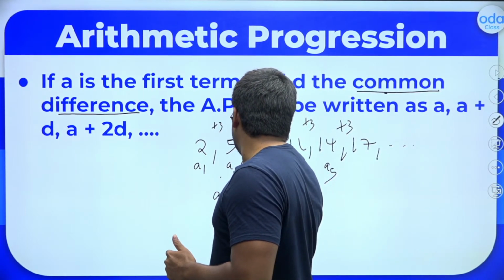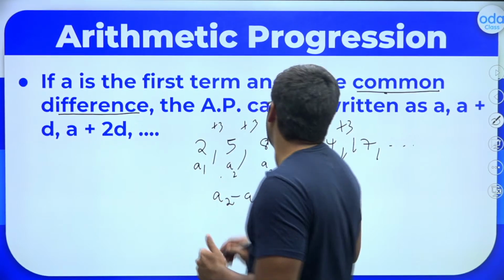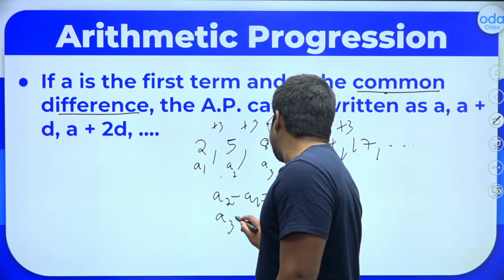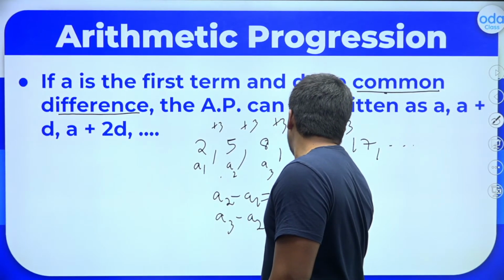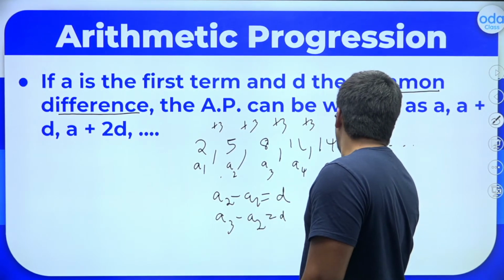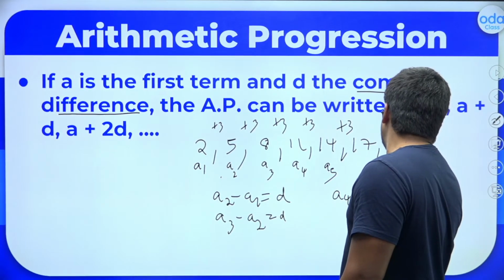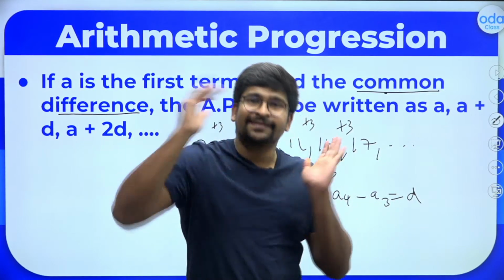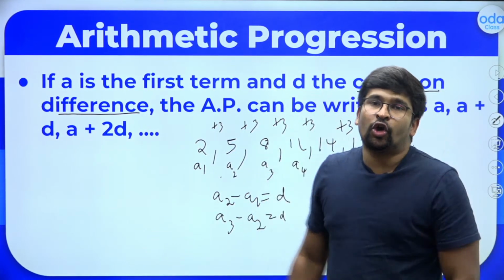Second term minus first term will give you the common difference. Common difference is denoted by small d. Also, third term minus second term will give the common difference. Likewise, fourth term minus third term will give the common difference. So in general, any term minus the previous term will give you the common difference of the AP.